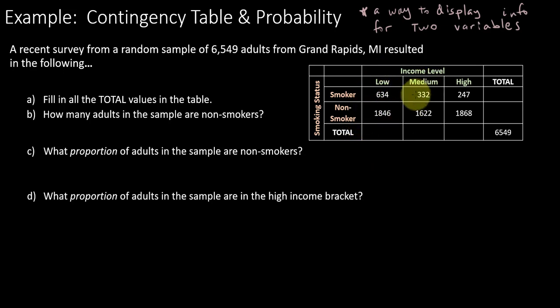And same thing here with the medium income, the 1622 plus the 332 would give us the total for the medium income. Similarly for the high. And we can also add along the row here, the total number of smokers would be 634, 332, and 247.